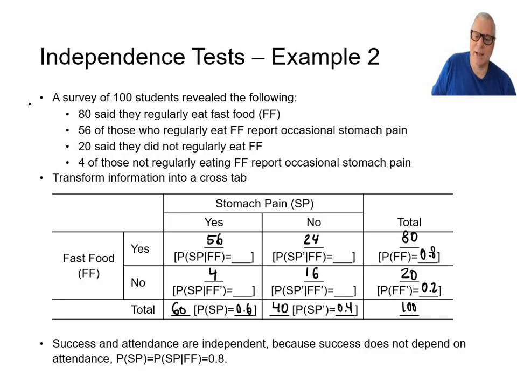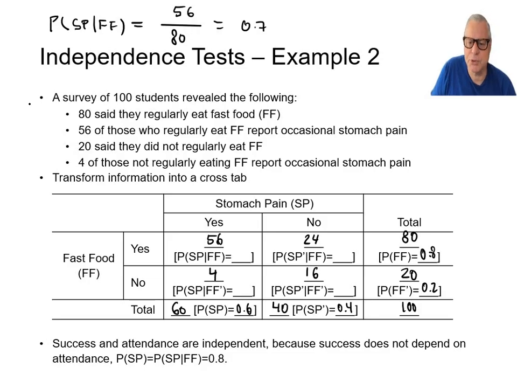So now we can calculate the conditional probabilities. So what's the probability that somebody has stomach pain given that they are fast food eaters? Well, there are 80 fast food eaters and 56 report stomach pain. Well, that's 56 over 80, so that's a probability of 70%.